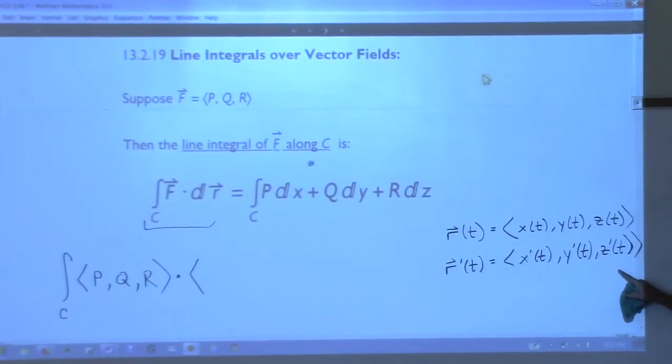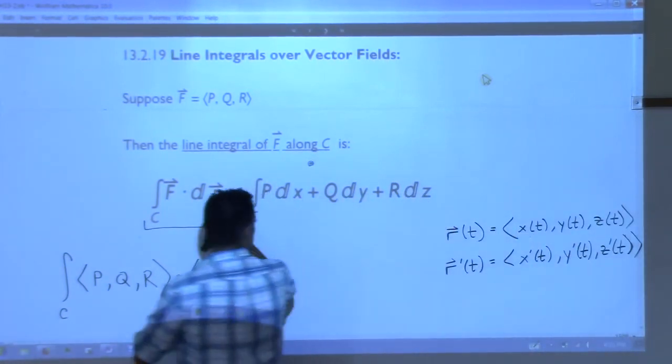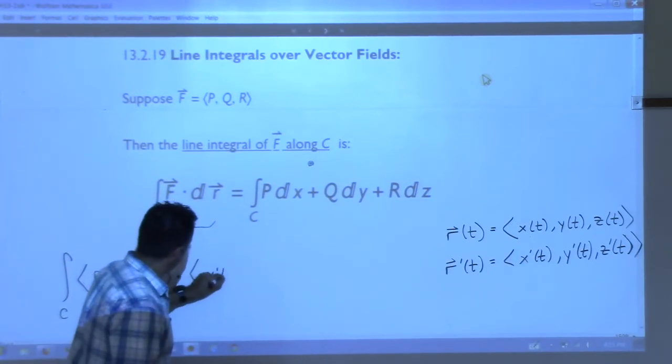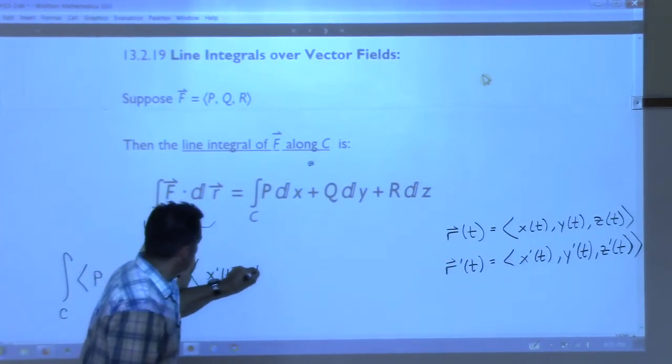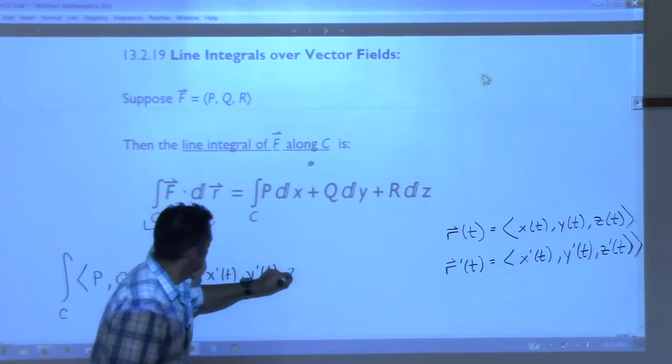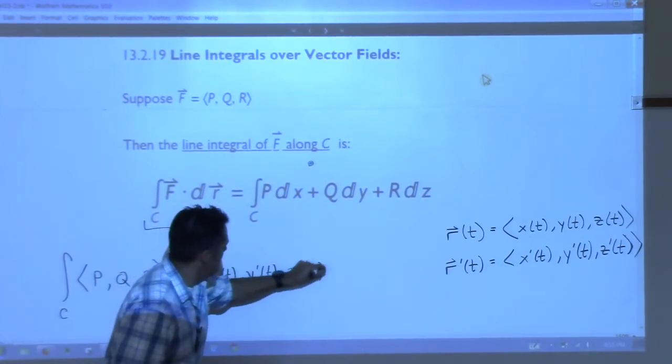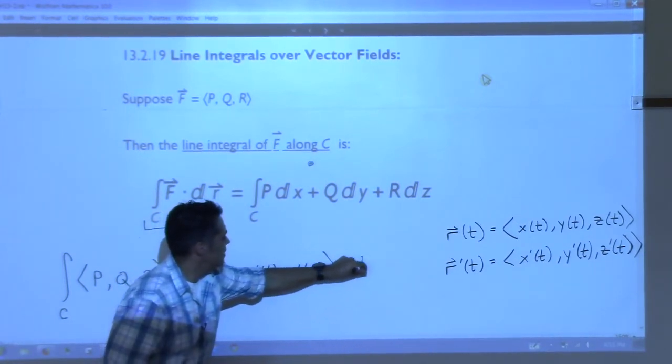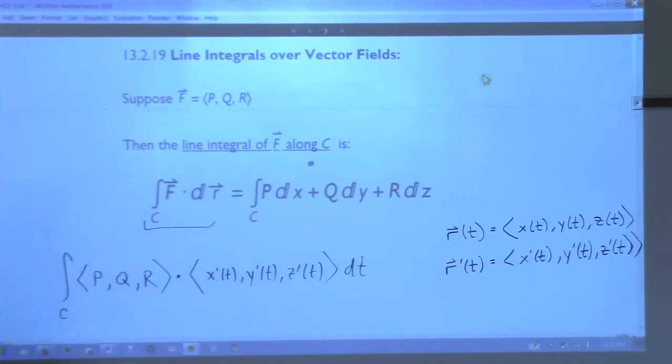So that would be the next piece right here: x prime t, y prime t, z prime t, dt.